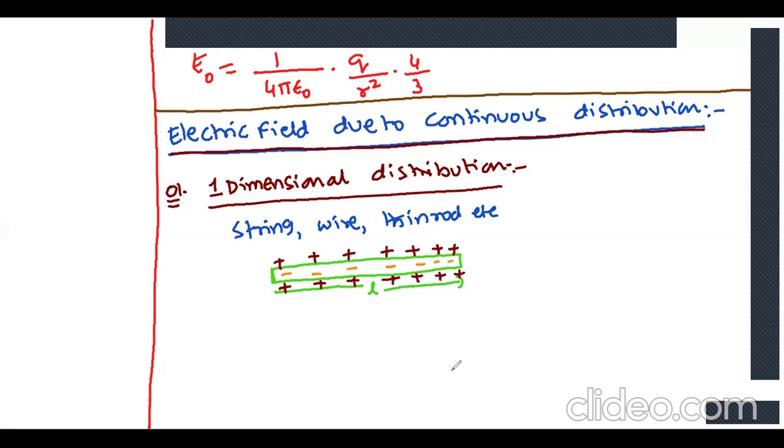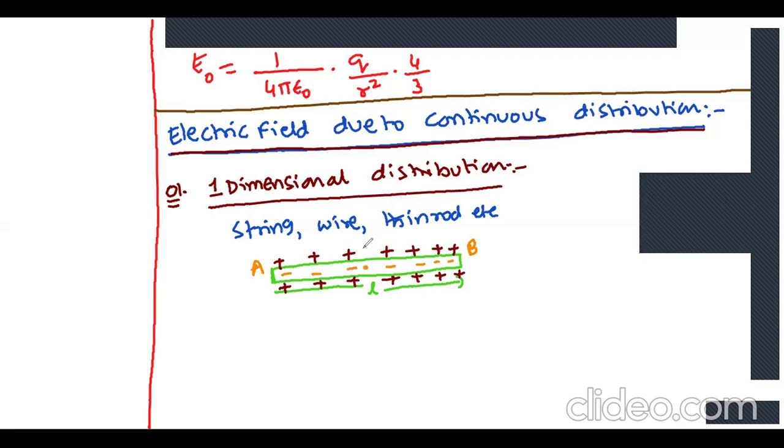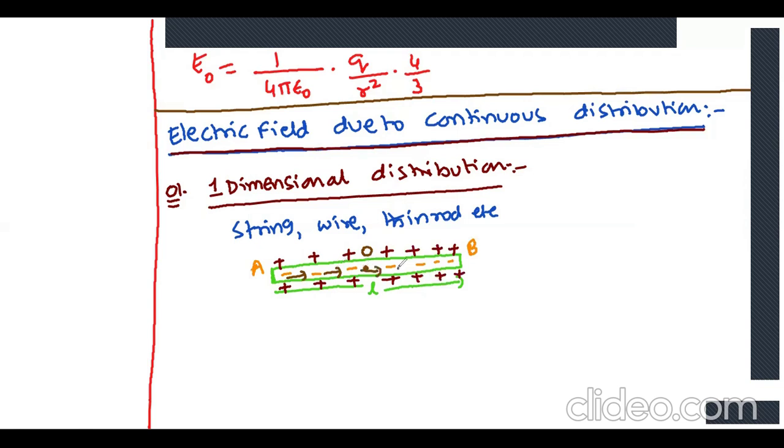One end is A and another end is B. Let us consider center as O. That means each charge will distribute its effect to the next charged particle along its length.